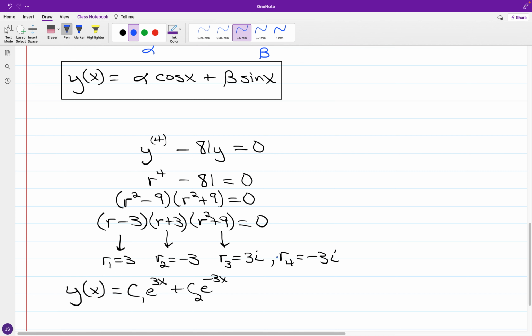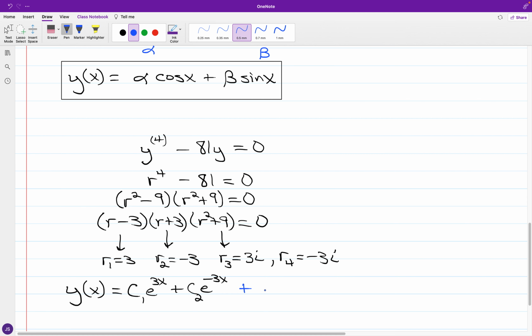So with 3i and negative 3i, if you run through the Euler equation, like if I had r squared plus 9 is equal to 0, I would have alpha cosine of 3x plus beta sine of 3x.